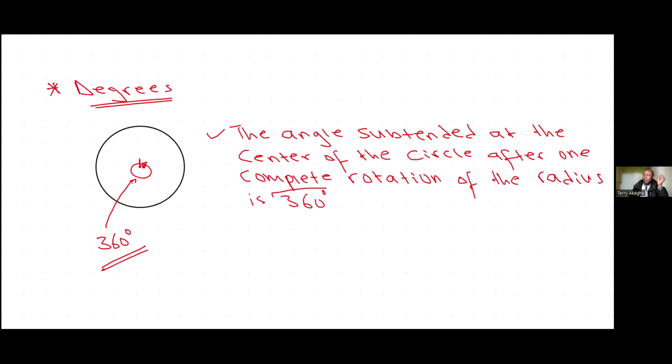So in the case of radians it was 2 pi radians, but in this case, it's 360 degrees.